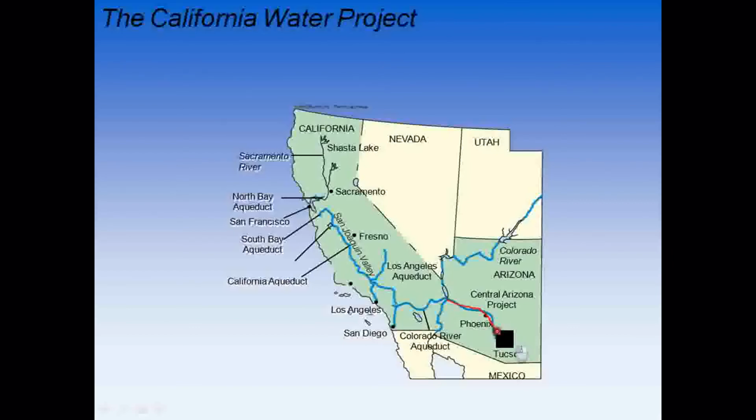Even Arizona is involved in the aqueducts that are built to take water out of the Colorado. And as a result, the natural mouth of the Colorado River, which is here, is nothing but a trickle. And this saltwater intrusion happens, changing the flora and the fauna that's living in that area.